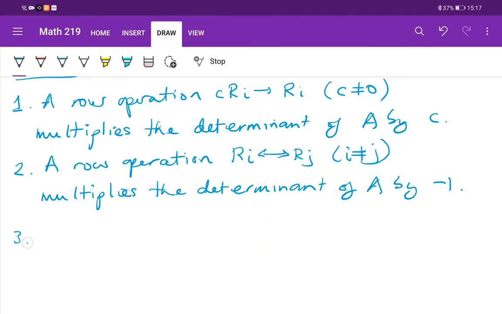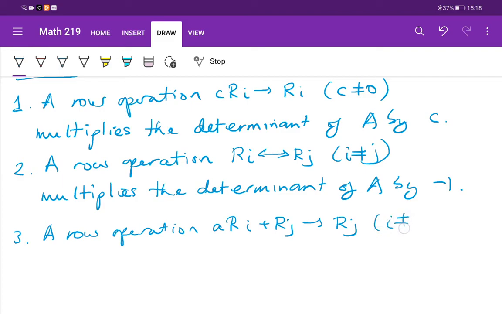Type 3, a row operation where you multiply row i by a and add it to row j, and that's your new row j. It turns out that this does not change the determinant of A.